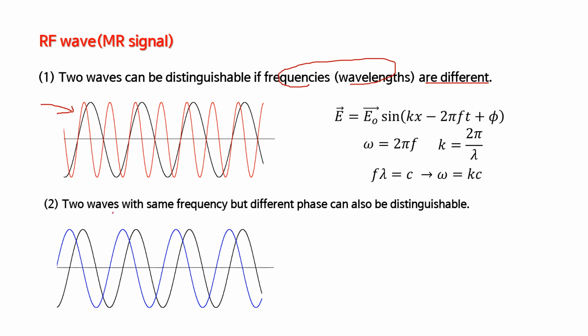If two waves have the same frequency, we can distinguish them if their phases are different. So in this figure, two waves have the same frequency. However, the phase is different. So we can distinguish these two waves.